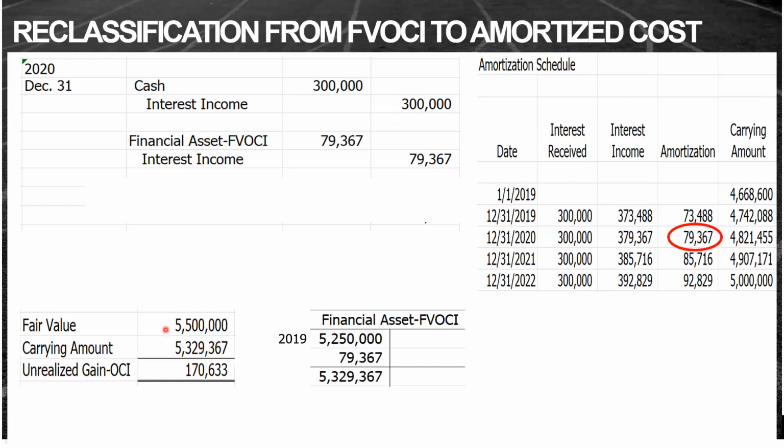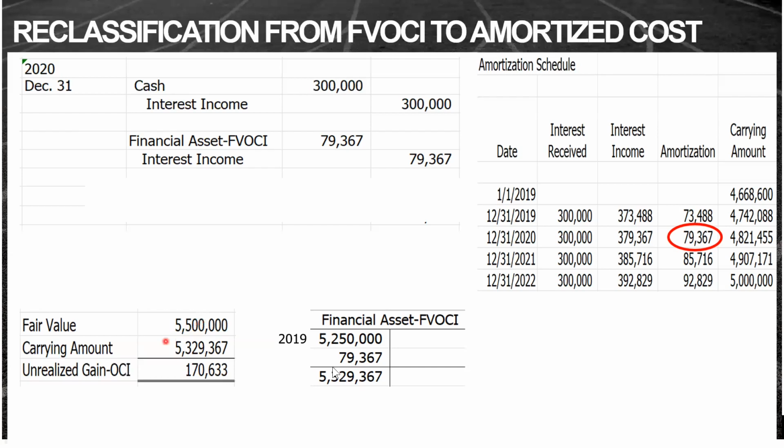So accordingly, this is 110%. So based sa problem, 110% daw ang fair value pagdating ng December 31, 2020. So that's 5 million times 110%. So you have 5.5 million.